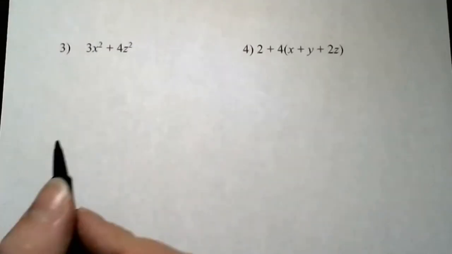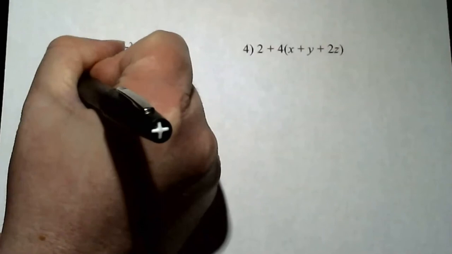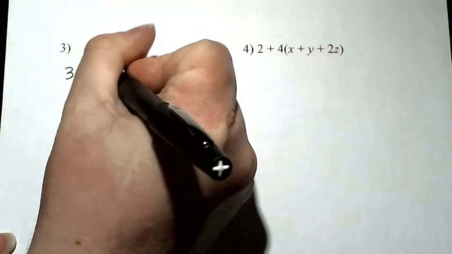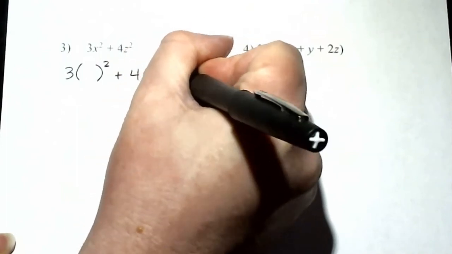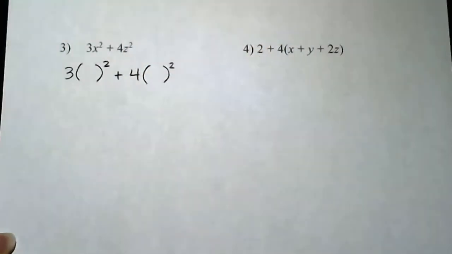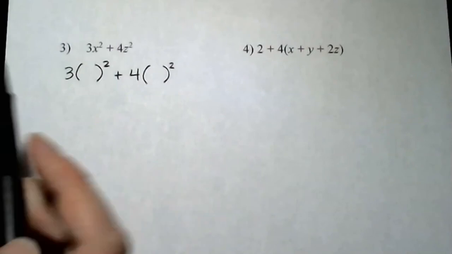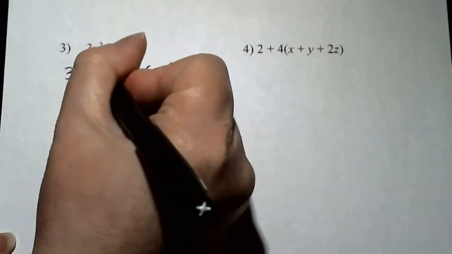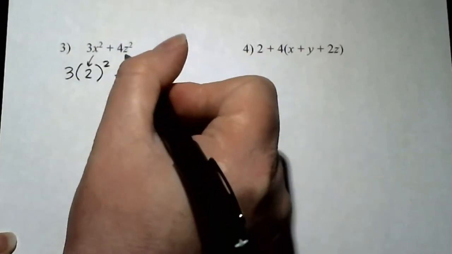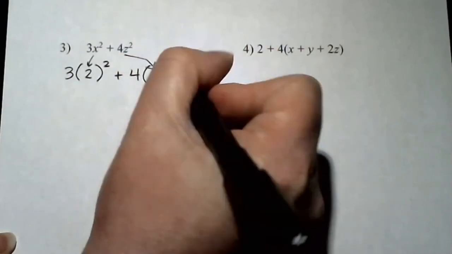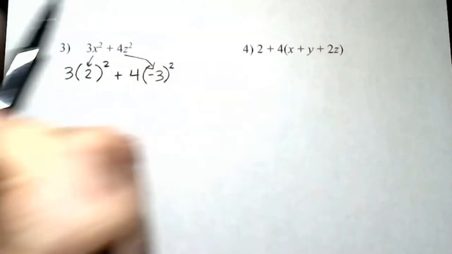Okay, for number 3, we're going to do the same thing. We're going to take the variables out and put parentheses in their place, and then substitute the numbers that we were given. So in place of x, we need a 2, and in place of this z, we need a negative 3.